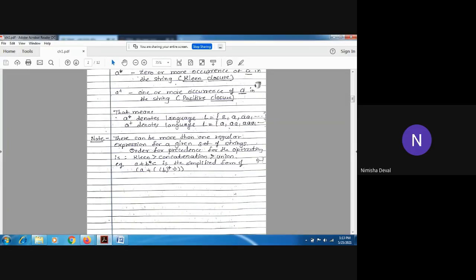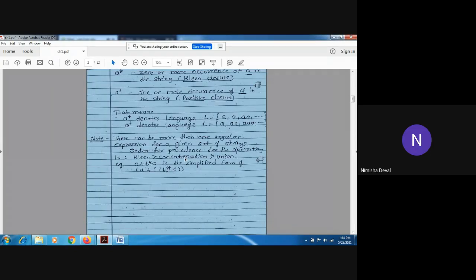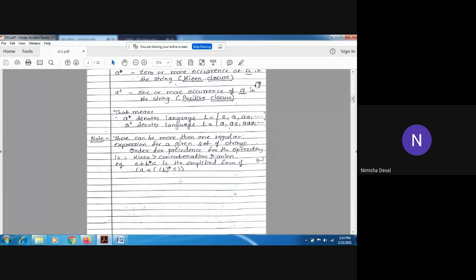Okay, now see the precedence of operations. Right now we have seen what the Kleene closure is, and you already know what is meant by concatenation and union. So you have to check which has more precedence while designing the regular expression.